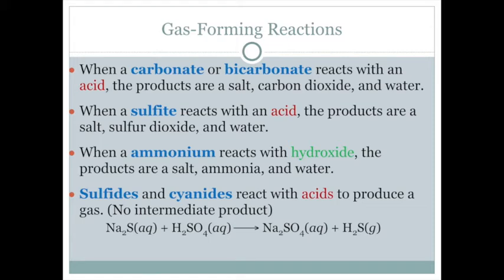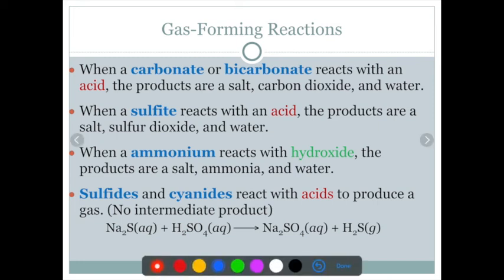So let's look at, we have a few of these intermediate products here. Okay. So we're going to get an intermediate product when a carbonate or bicarbonate react with an acid. So just to show you, okay, carbonate is CO3, -2. Bicarbonate is HCO3 with a -1. Okay, that's carbonate, bicarbonate.